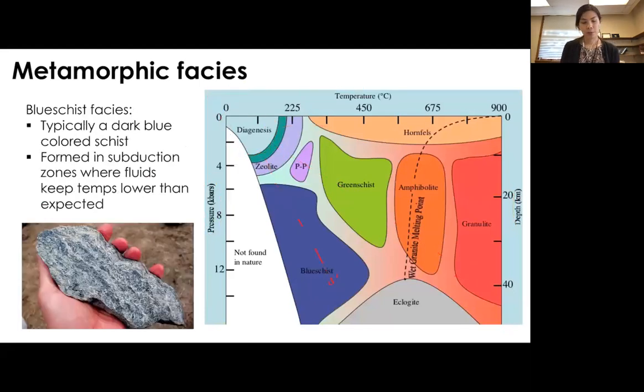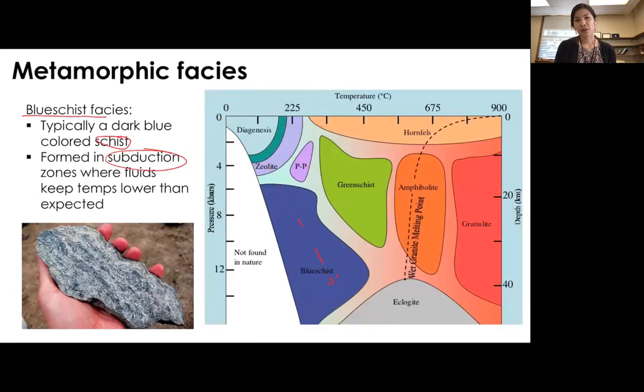So to go through a couple of these, the blueschist facies, which we just mentioned, is often formed in subduction zones where the fluids that are brought down through subduction keep temperatures fairly low. These are going to be a schist that often contains a lot of blue minerals.